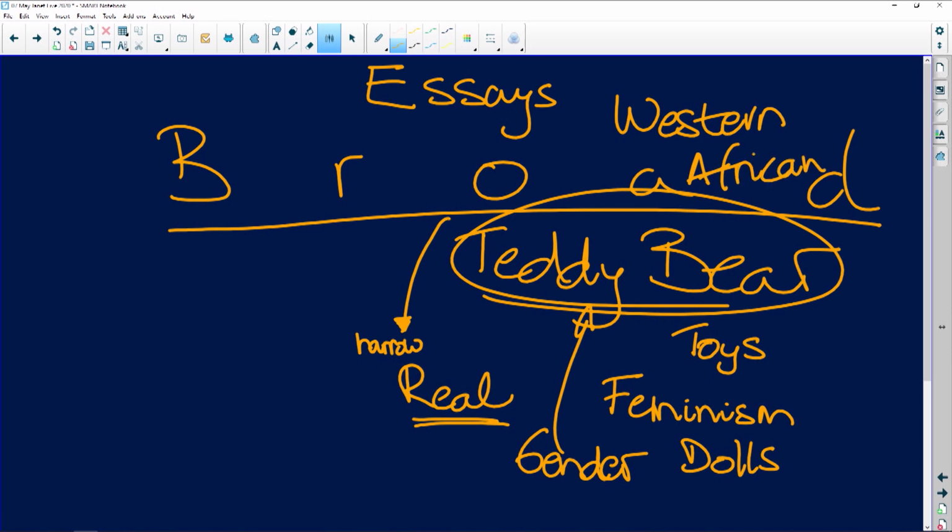So you could write an argumentative essay, a discursive essay, a descriptive essay of a teddy bear that you were given. You could write a narrative essay about Valentine's Day when you got a teddy bear. You could write a reflective essay about, I wish I'd had a teddy bear when I was a child. I hear other people describing teddy bears and I think it might have been quite a nice toy, or whatever.